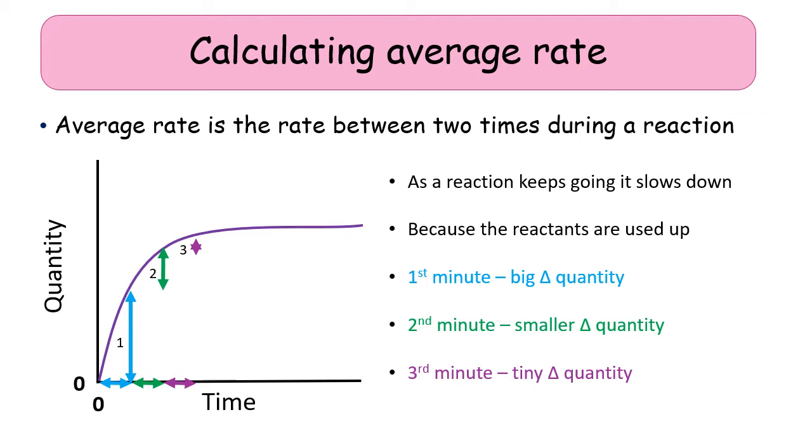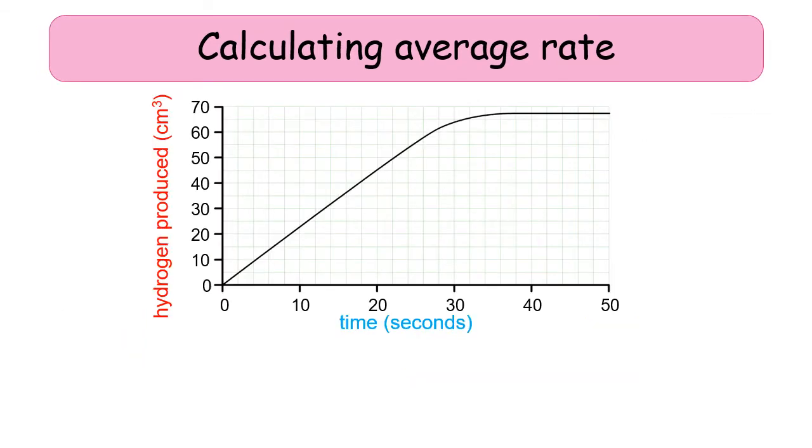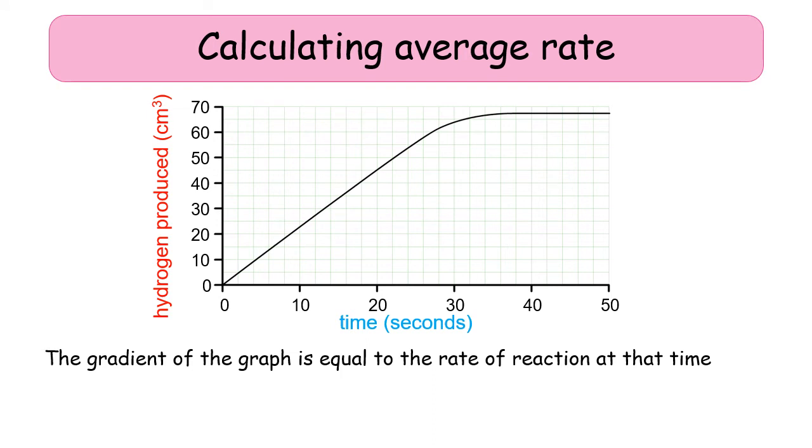So what we can see from average rate is that average rate is different depending on what times of your reaction you're measuring between. Now the calculation for average rate is you use the gradient. So your change in quantity divided by your change in time.